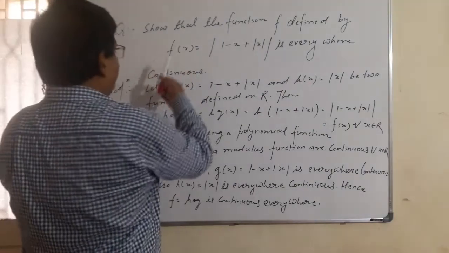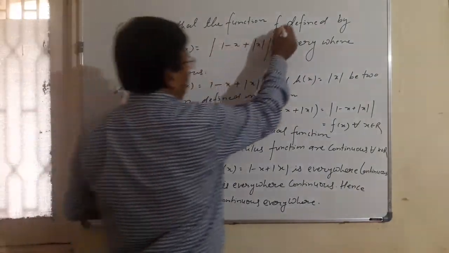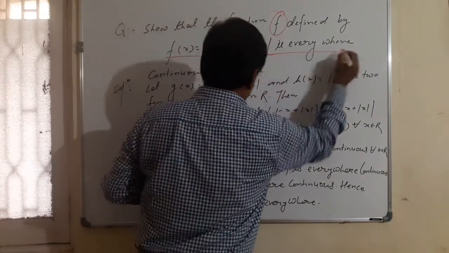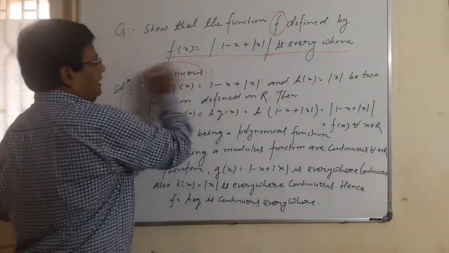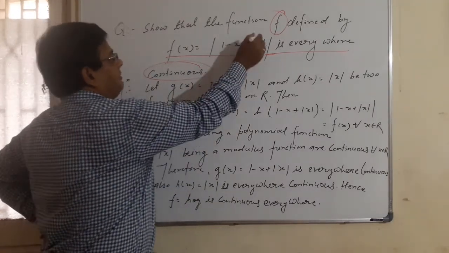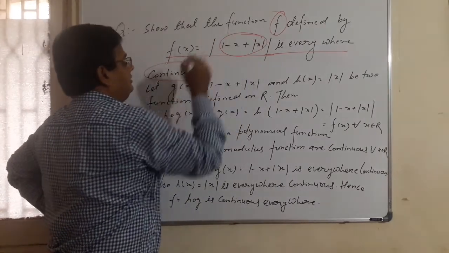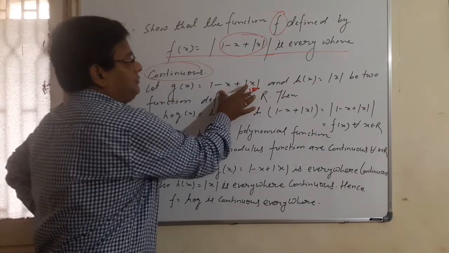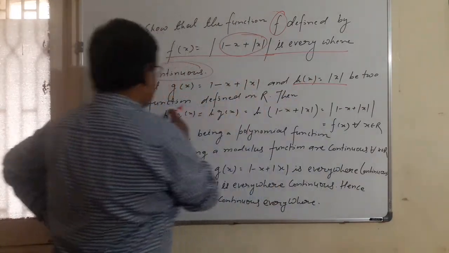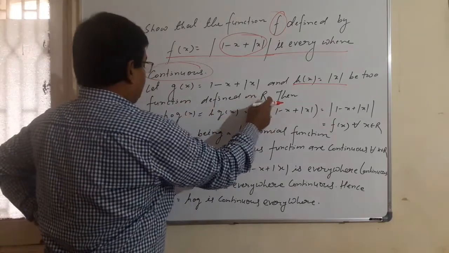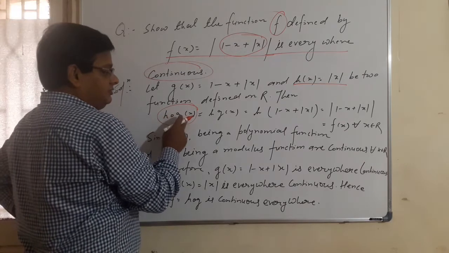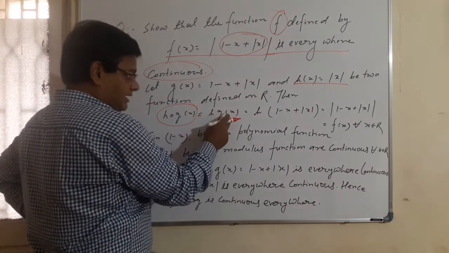Here show that the function f defined by f(x) is equal to this one is everywhere continuous. See here, let g(x), this part is g(x), and h(x) is equal to mod of x be two functions defined on R. Then h o g(x) composite function h(g(x)).